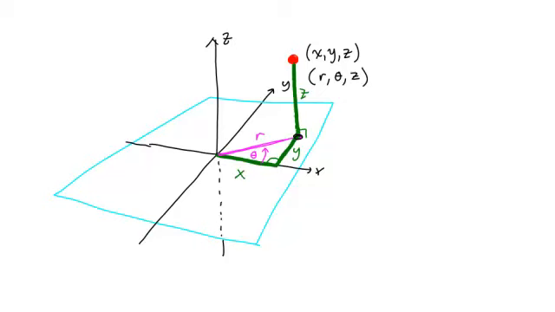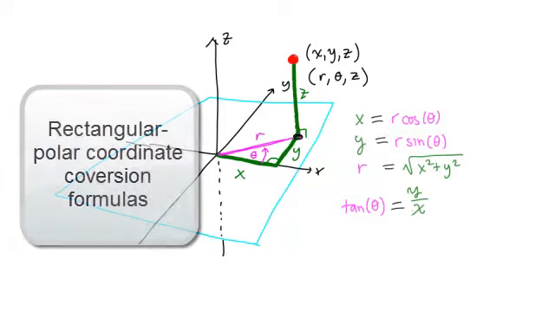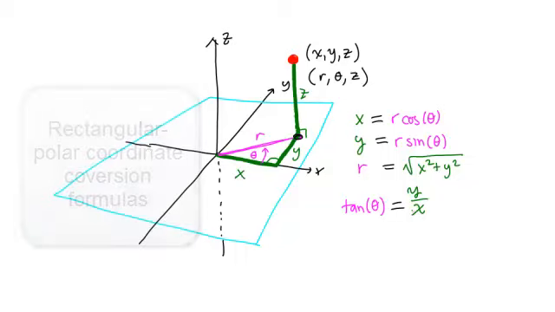If you recall from last time too, we had equations that allowed us to go back and forth between polar coordinates r, theta and rectangular coordinates x, y. Those equations were x equals r cosine theta, y equals r sine theta, r equals the square root of x squared plus y squared, and the tangent of theta equals y over x.